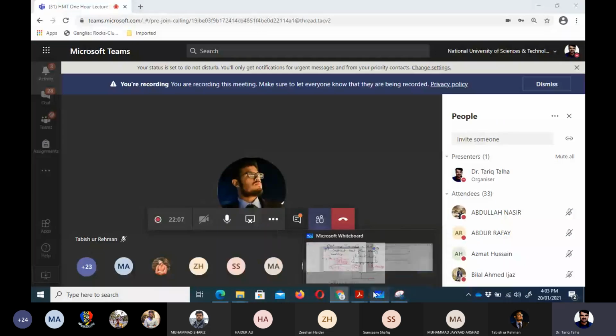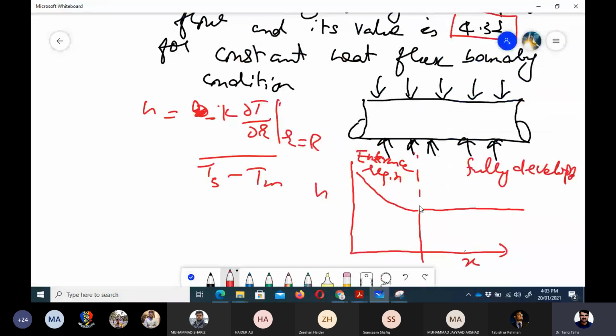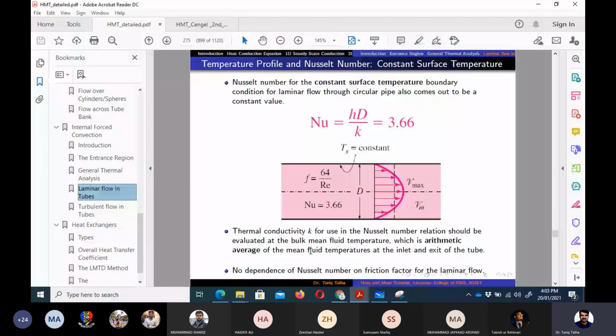Okay. So now the thermal conductivity k for use in the Nusselt number should be evaluated at the arithmetic mean of the mean temperature at the inlet and outlet. So Nusselt number is not dependent upon the friction factor for the laminar flow, but for the turbulent flow, it is always dependent upon the friction factor, which we would see in next week's lecture.